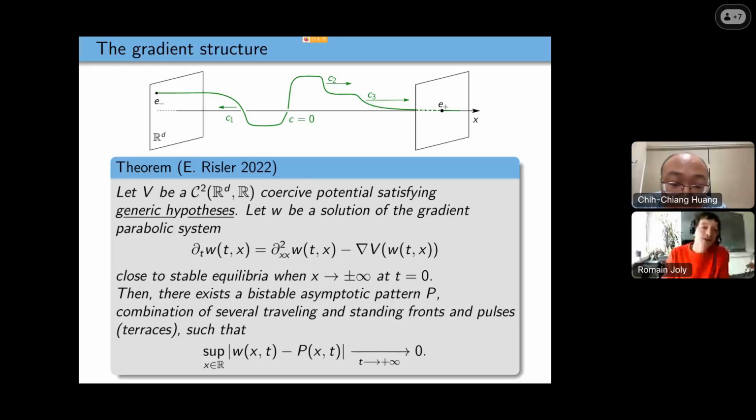So if you start locally close to this standing pulse, then you will stay close to it. So I expect that it is true. Well, you have to look, but I expect that it's a consequence of this kind of thing.